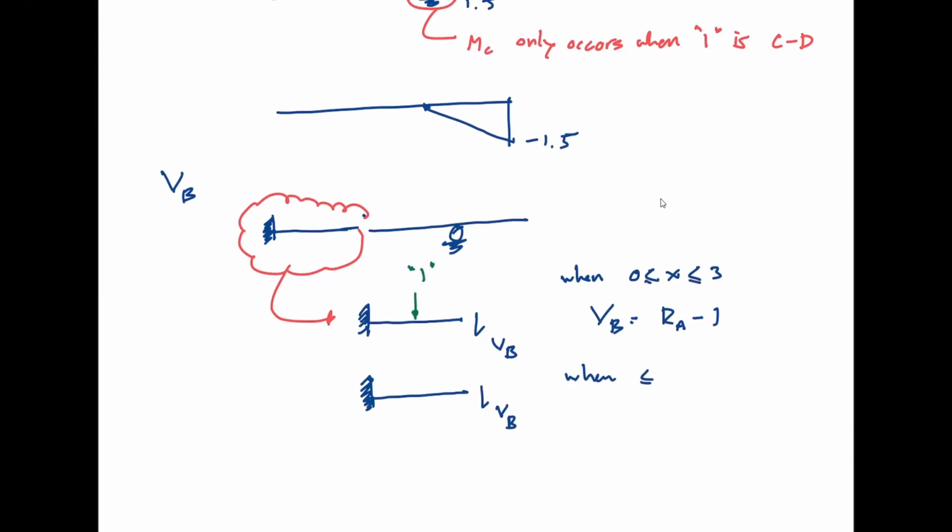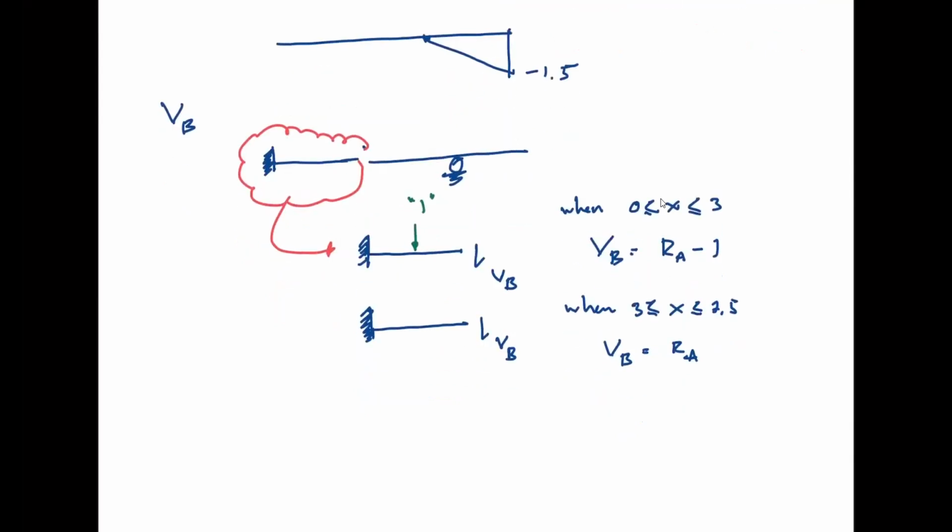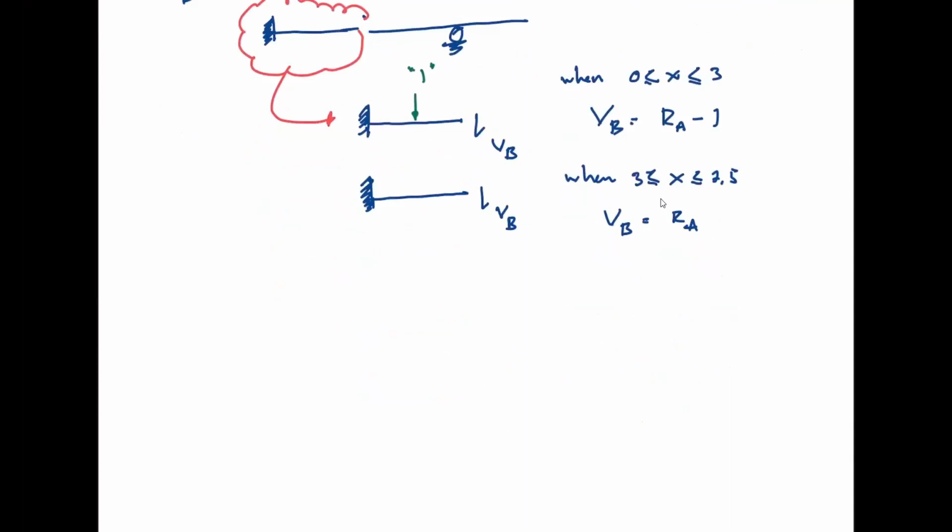Oops, sorry. 3x and 7.5, right? Your VB is simply RA. Okay. From that, you're gonna get the influence line looks like this.